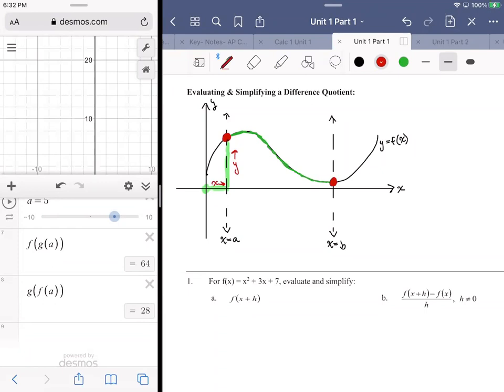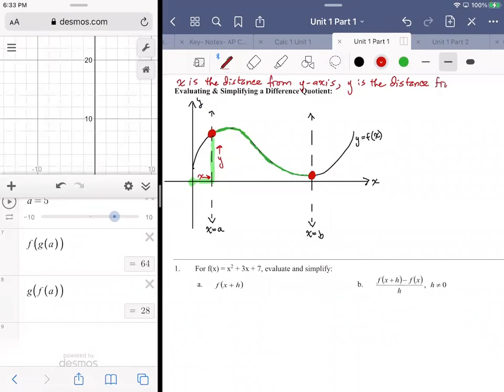What people lose sight of is that x is the distance from the y-axis, and y is the distance from the x-axis. So we could call this point x comma y. We could call any point x comma y.